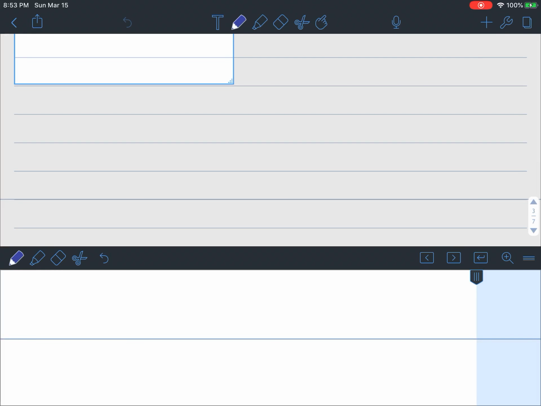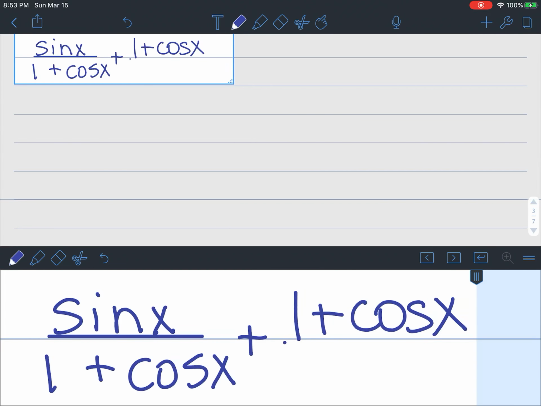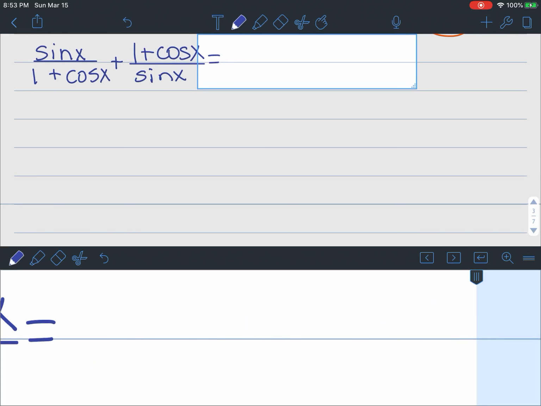I'm back with some more verifying trig identities problems. This one is similar to the last one we did in the last video: sine x over 1 plus cosine x, plus 1 plus cosine x over sine x, equals 2 cosecant x.